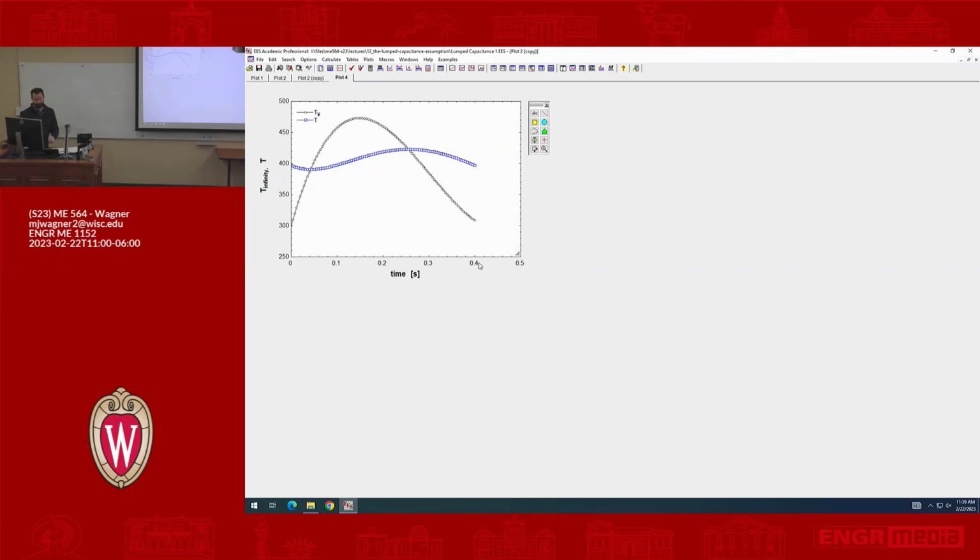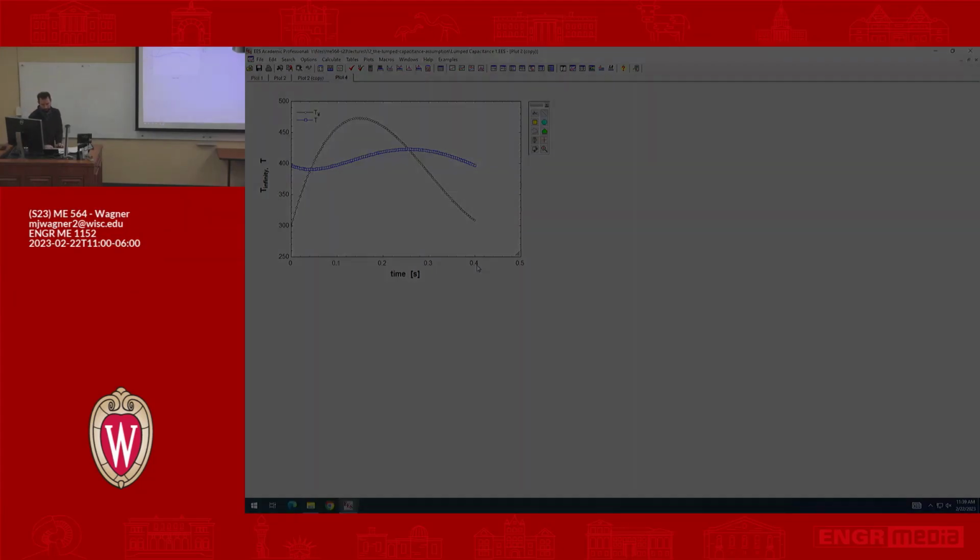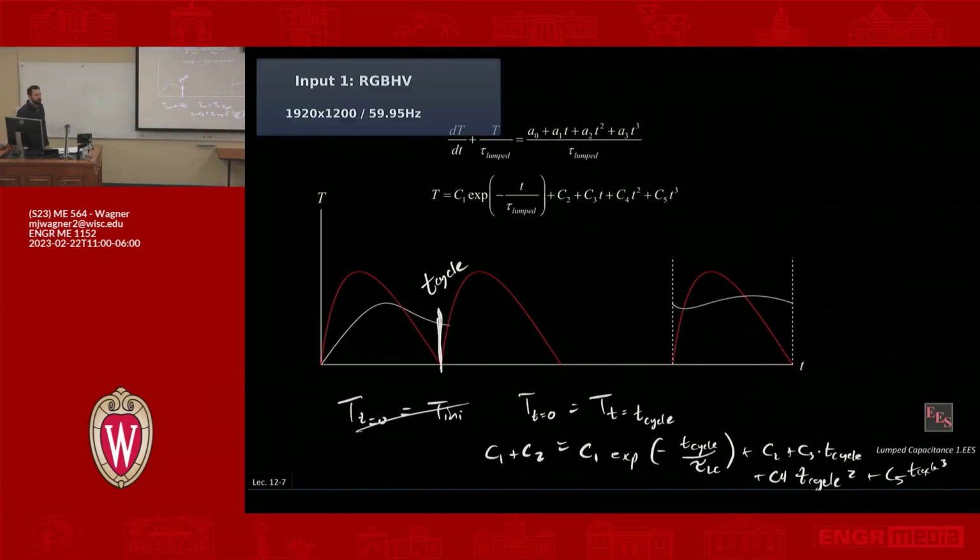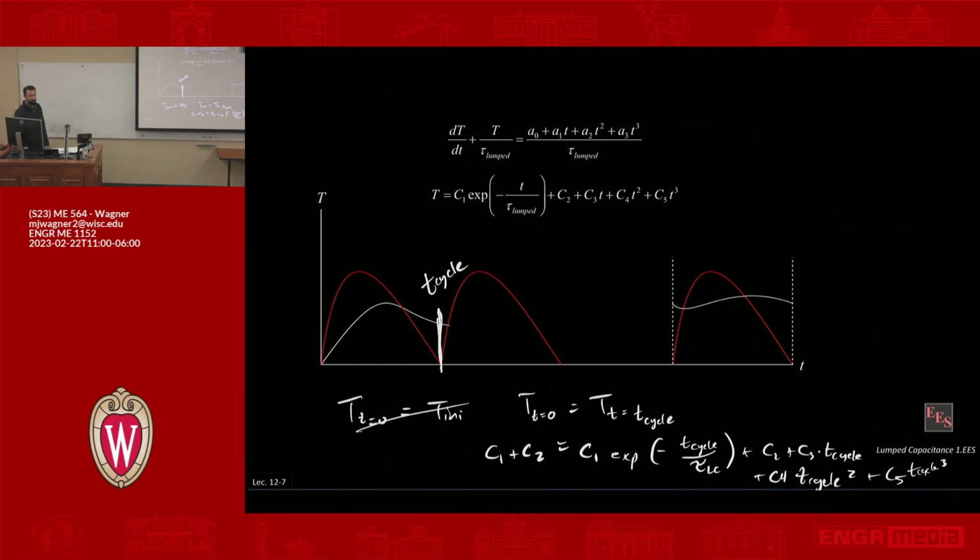Questions on that? Yeah, Matt. Can you always choose T cycle? If you go back to the slides, after that first T cycle, it doesn't look like the temperature has ramped up to that final cyclic steady state. Right. So for the analytical solution, it sort of forgets the fact that there isn't any initial condition at all.